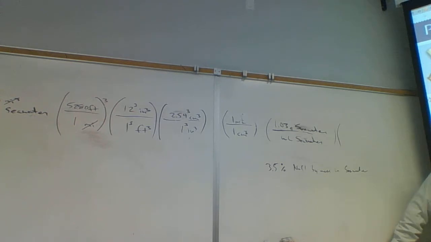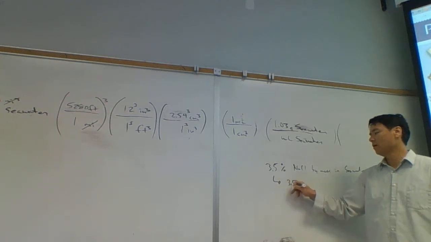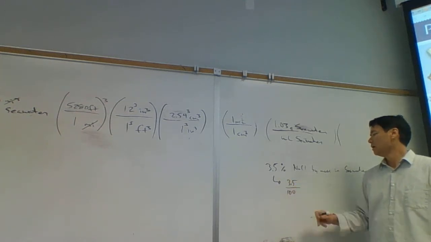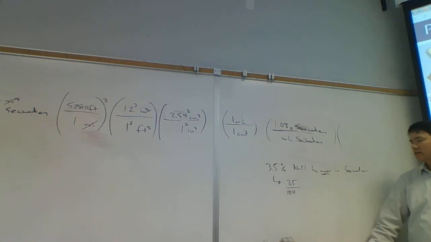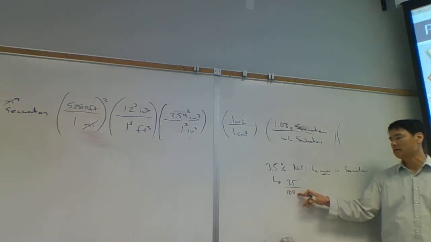So if it's 3.5% NaCl by mass in seawater, then that means it's 3.5 parts out of 100 parts. It's by mass, so we could use any mass unit we want in here. So we could use 3.5 pounds per 100 pounds, or we could use 3.5 grams per 100 grams.